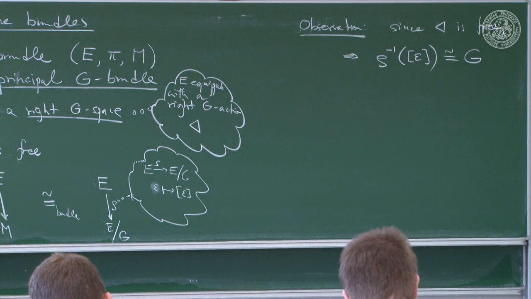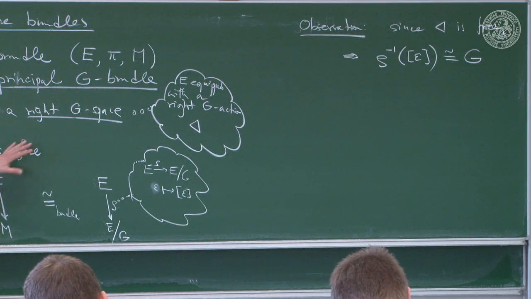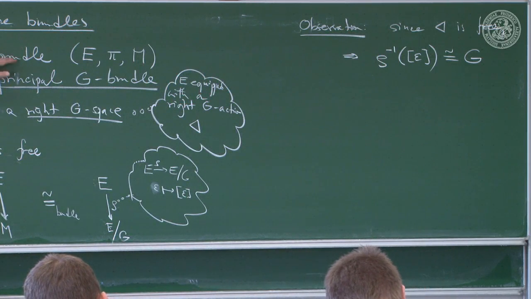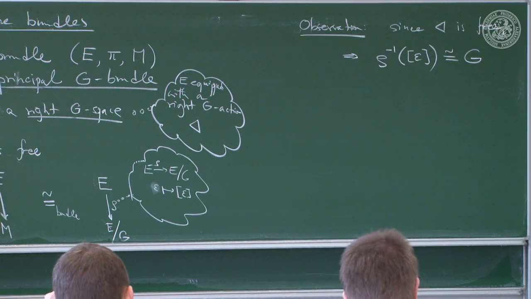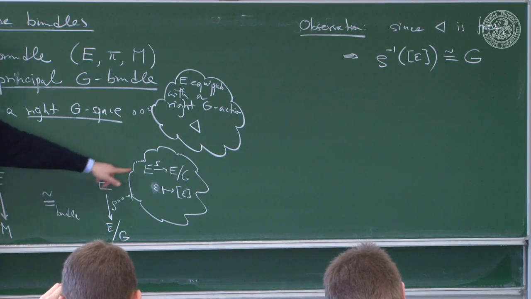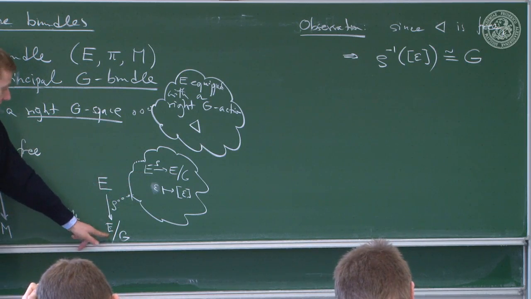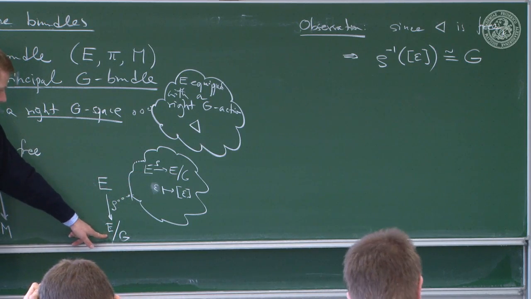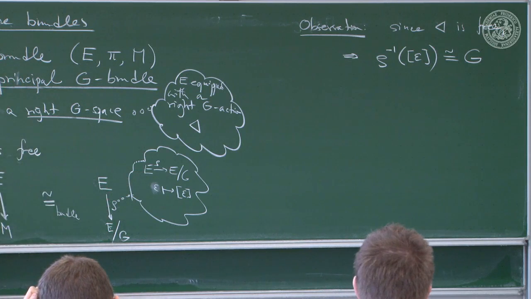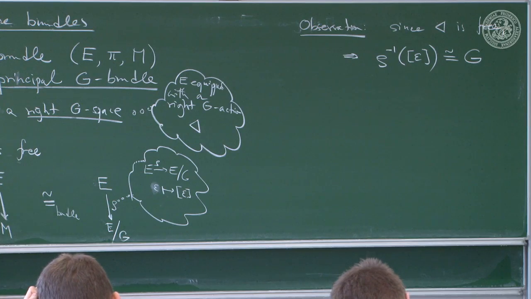Okay, but this is just an observation. So again, a bundle E, pi, M is a principal G bundle if I know of an action on this E, I go down to the space of orbits by this canonical projection map, and if as bundles they're isomorphic.